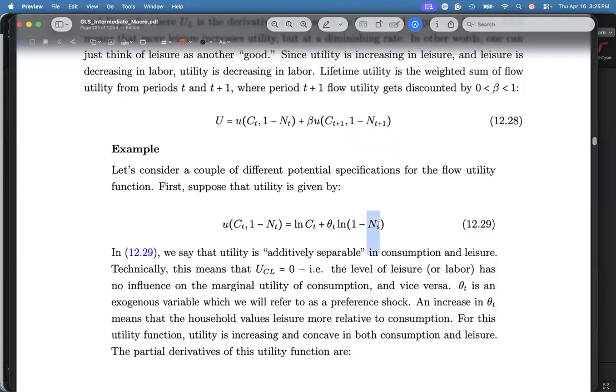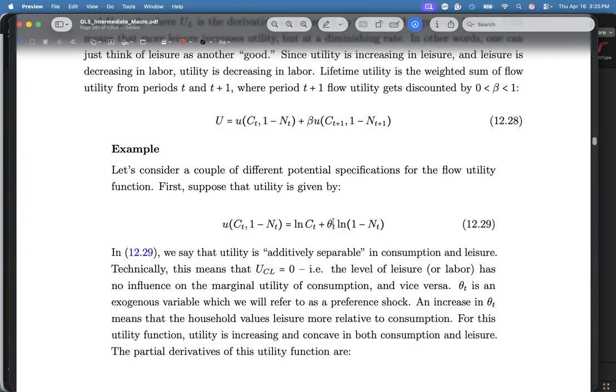That means the more n that you do, the less happy, the lower your utility is. It may be easier if you replace this whole thing, this 1 minus n, with a capital L for the leisure, in which case your utility is rising in both C and in L or leisure.